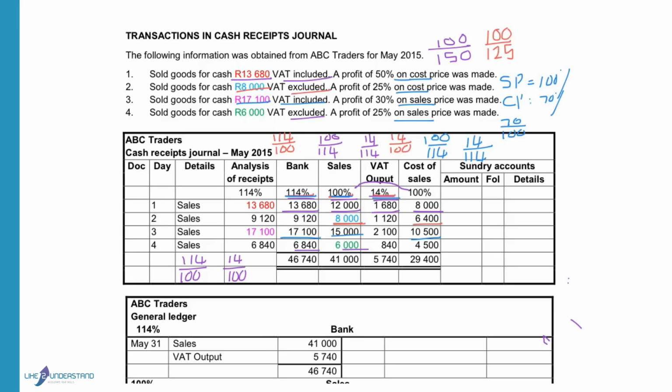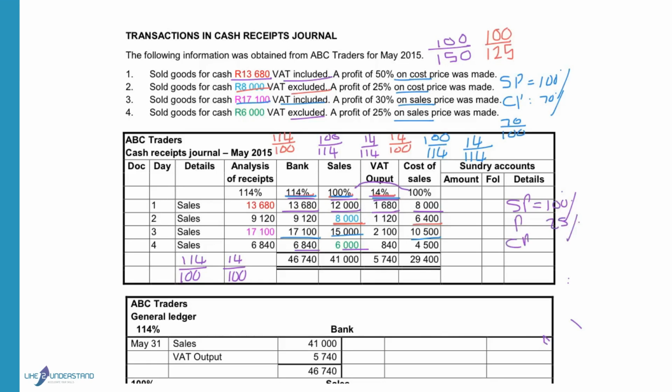If we want to calculate the cost price, a profit of 25% on sales price was maintained. That means that the sales price is 100%. The profit is 25%.